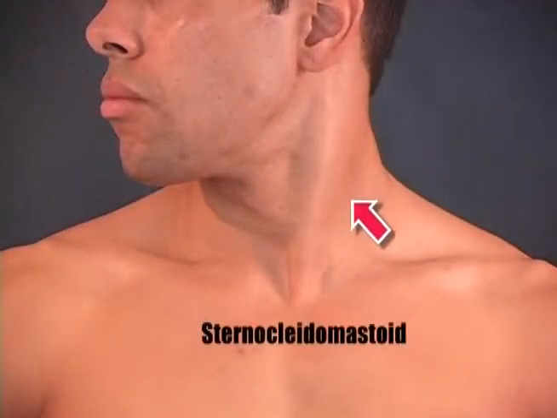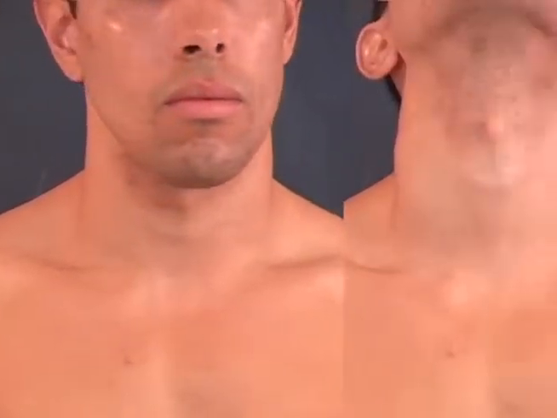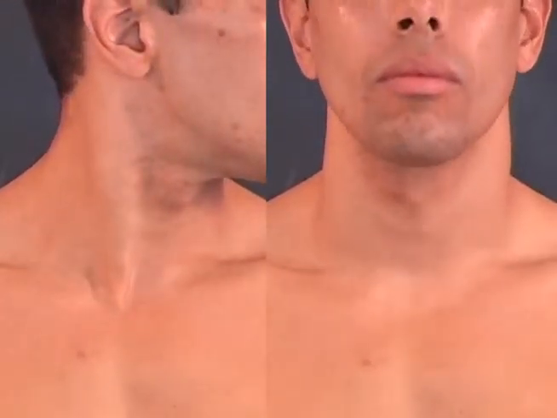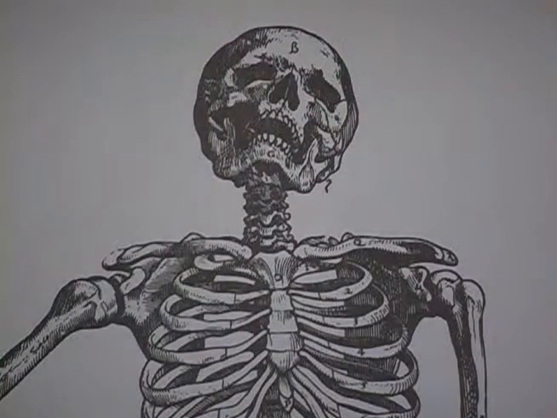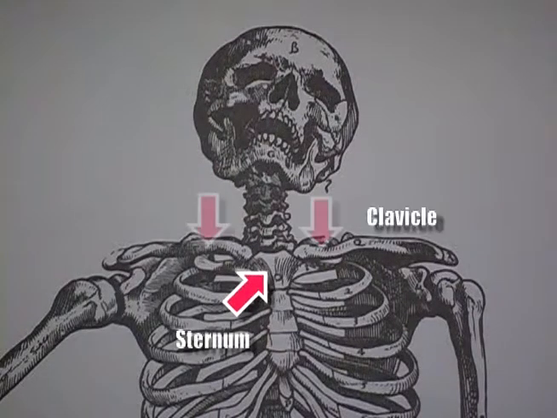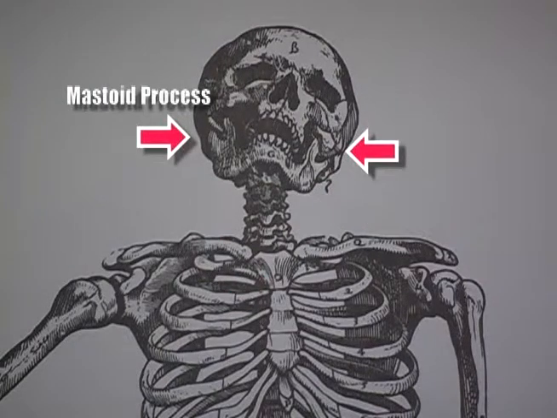The sternocleidomastoid muscle is responsible for turning the head right and left, pulling the head forward, and the lateral inclination of the head. It takes its name from its attachment to the sternum, the clavicle, and the mastoid process just behind the ear.